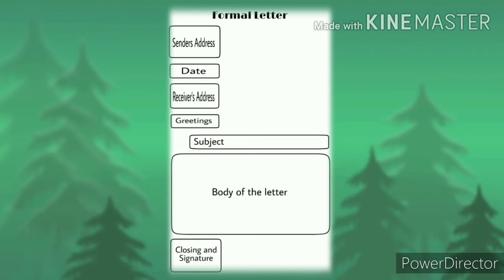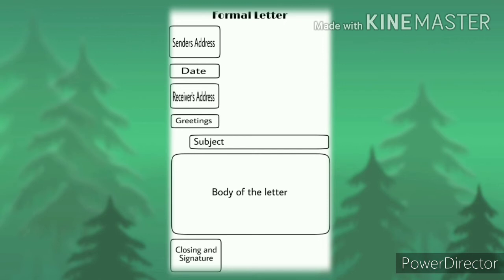Sender is the person who writes the letter. After that, we leave one line and write the date on which we are writing this letter. After that, we leave one line and write the receiver's address. Receiver is the person who is going to receive this letter.